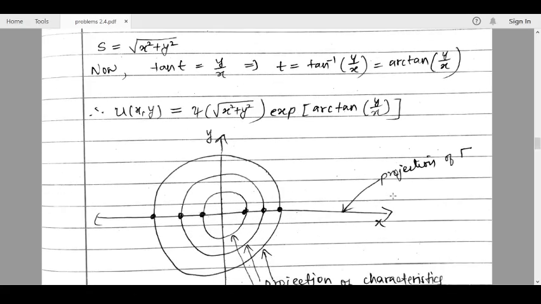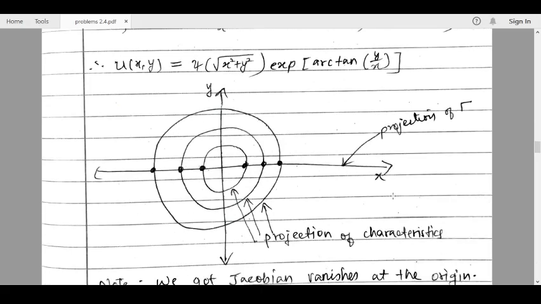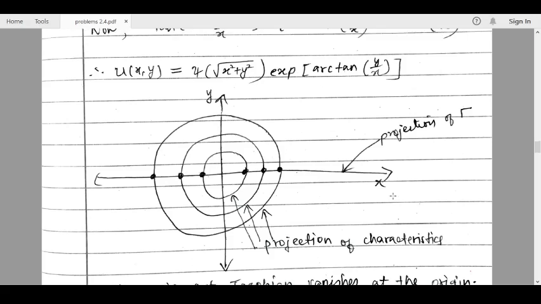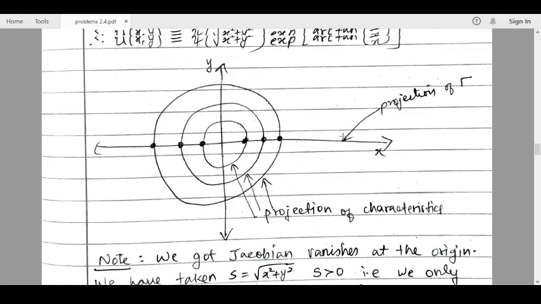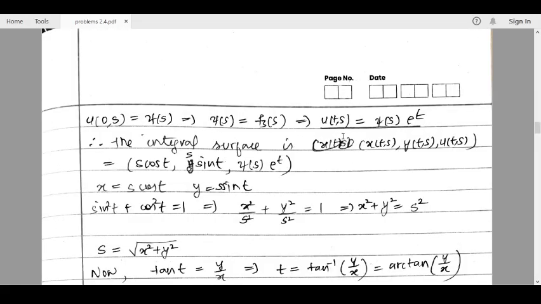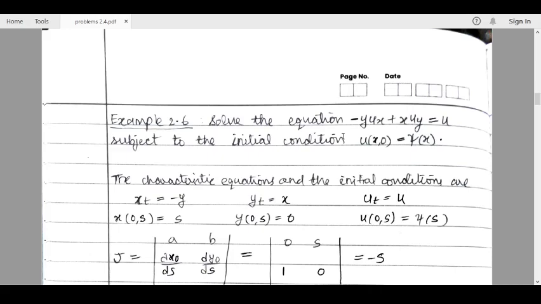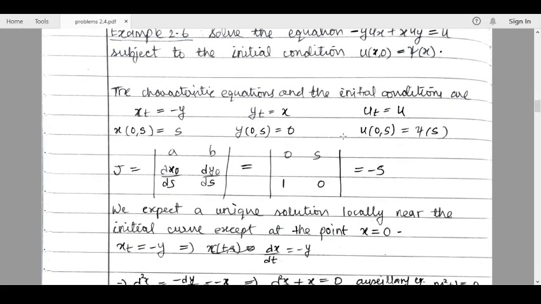Now we will see if there is any problem. Now if we see the projection of the characteristic curve and the initial curve, we can see what is the initial curve.